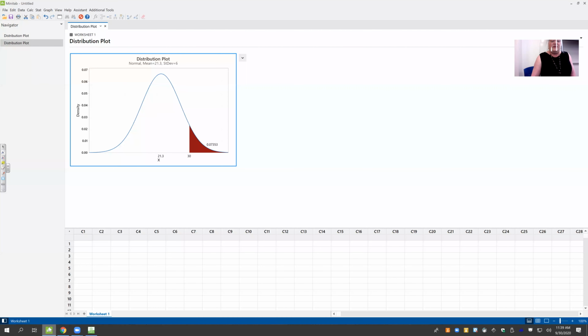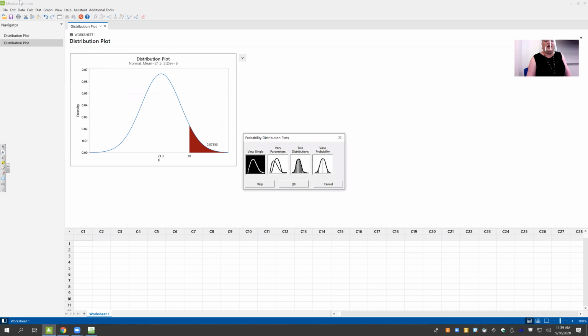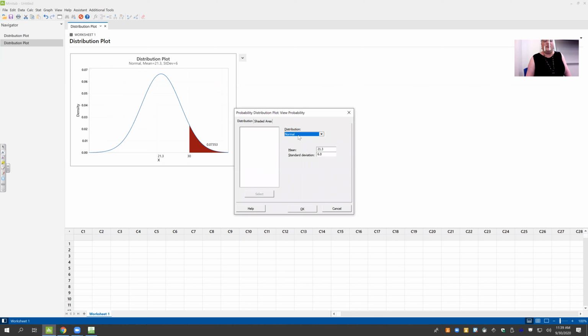Back to Minitab, same commands. Graph, probability distribution plot, view probability. I have a normal distribution with a mean of 21.3, standard deviation of 6. My shaded area by the X values, because we know what they are.